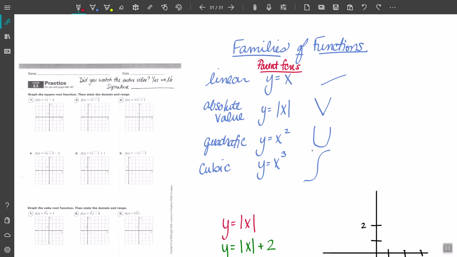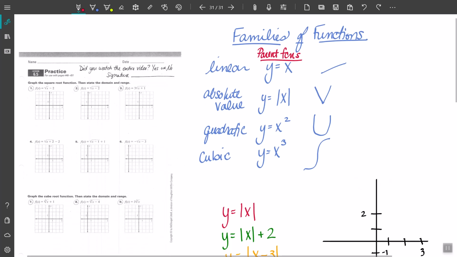And that's your U-shaped graph. The highest order will always be squared, x squared, on that one. And then we just finished our cubics, which is the highest order there is x to the third power, and that takes kind of like that S sort of hooked shape. So those are the ones that we have done.